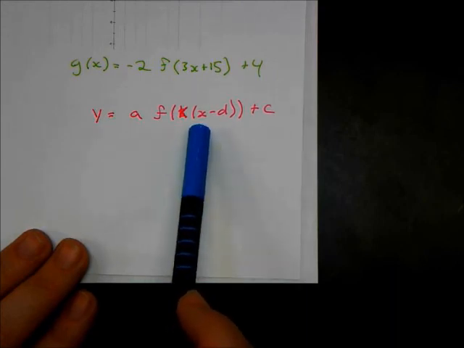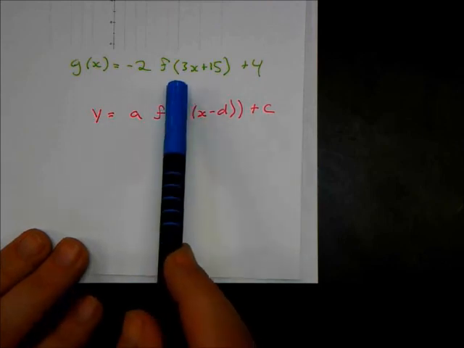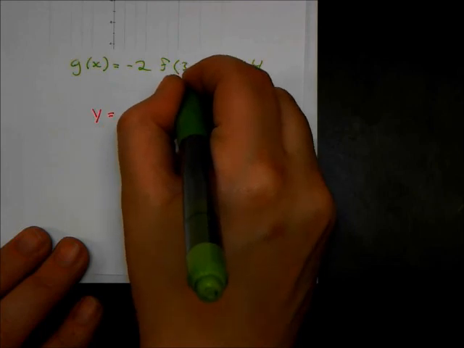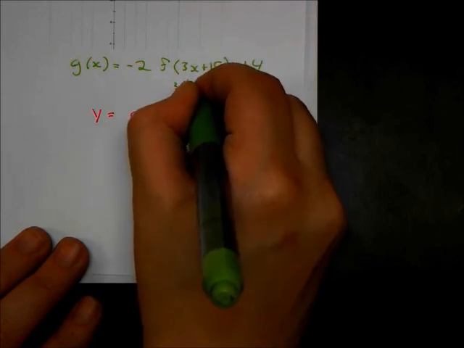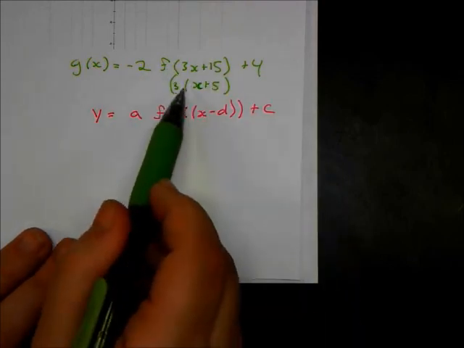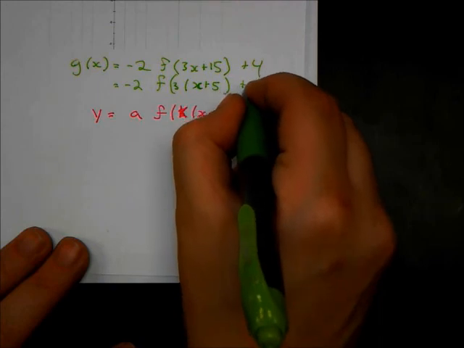But x has to be by itself. There cannot be a number in front of x. That means we're going to have to factor out this 3. This is going to become 3 times x plus 5. This bracket has become this bracket. We'll copy everything else as is.